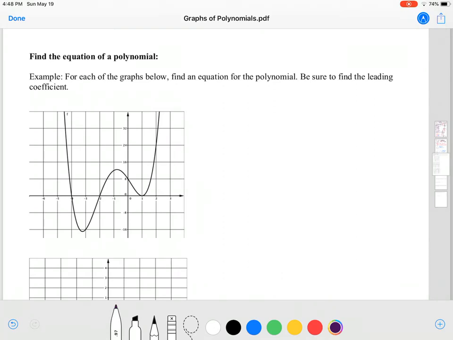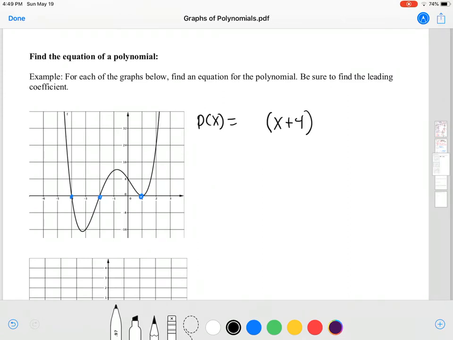So in this first example here, we'll call this p of x for polynomial. If you look, I have 1, 2, 3 x-intercepts. So I have an x-intercept at -4. Now that means I would have a factor of x plus 4, because if I plug in -4, I want to get out 0.